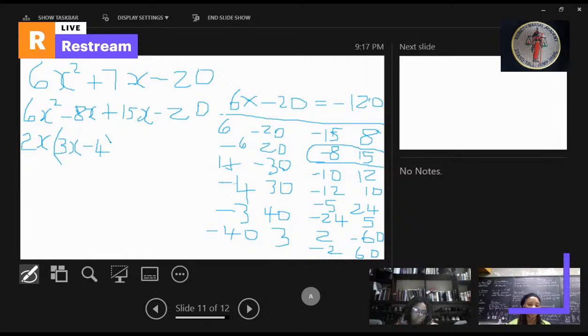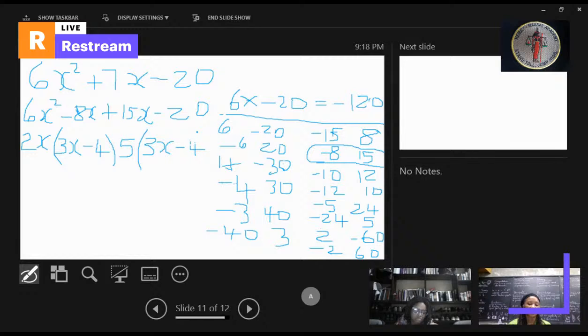Okay, what next? The 15 and the 20, the highest common factor of that is 5. So 5 into 15x goes 3x, and 5 into negative 20 goes negative 4.